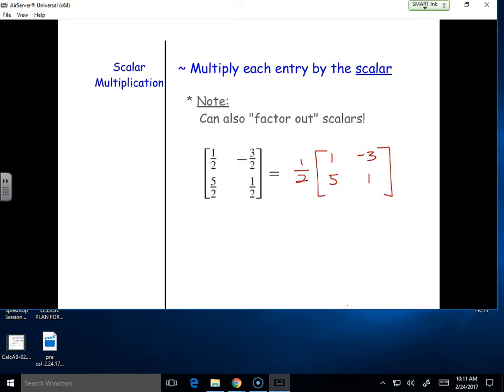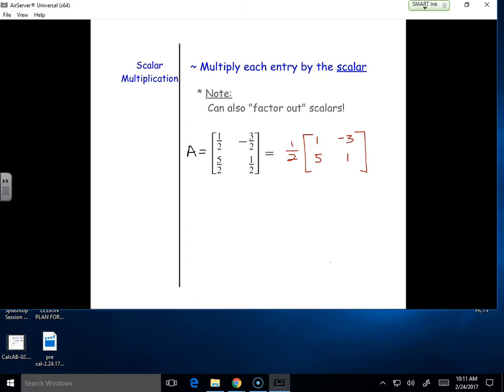Now, what would be the purpose of this? Let's say I were to call this one matrix A. And let's say I was to give you another matrix, for instance, like matrix B. Let's do something like, I don't know, let's do 3, let's do 7, and let's do -2, and let's do 11.